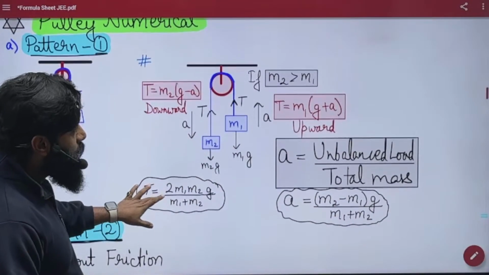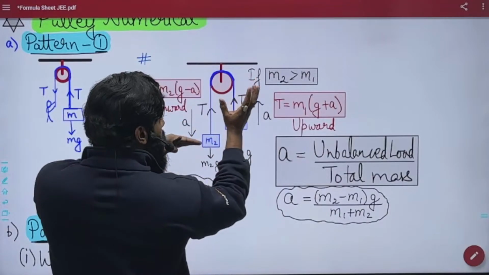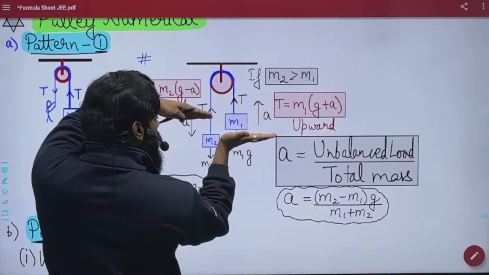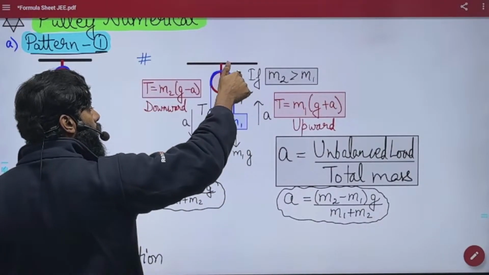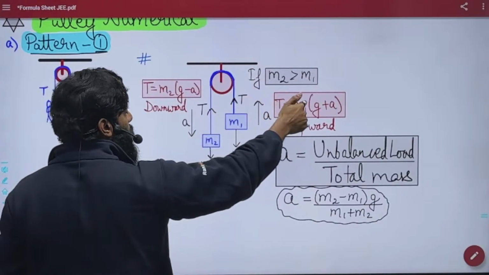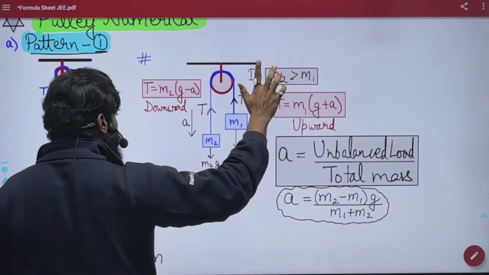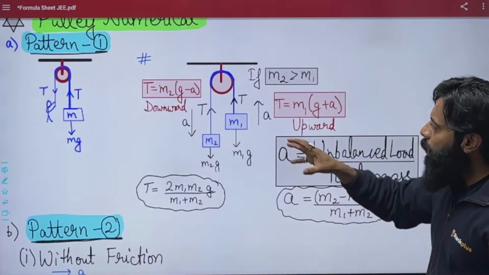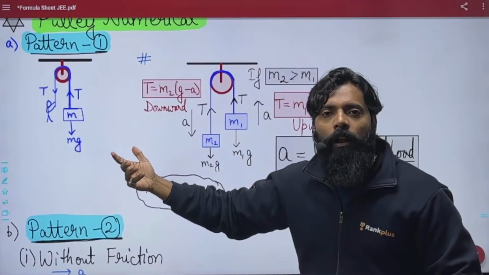To get the tension, if something is going upward, something will be going downward, right? The object going upward will have the tension m1(g plus a), because when you are moving upward, your tension will increase, and when you are going downward, your tension will decrease.